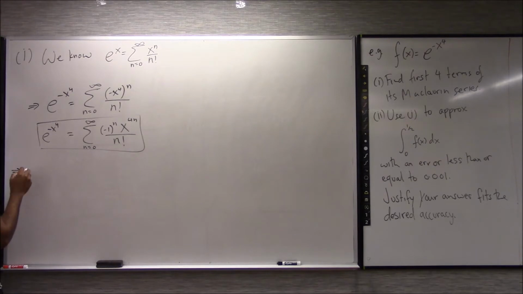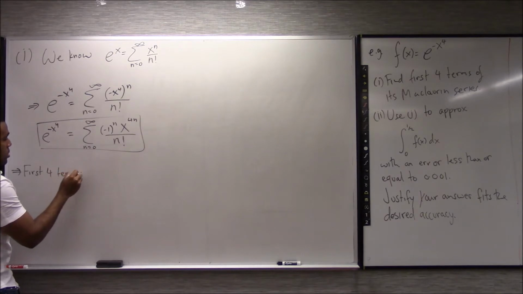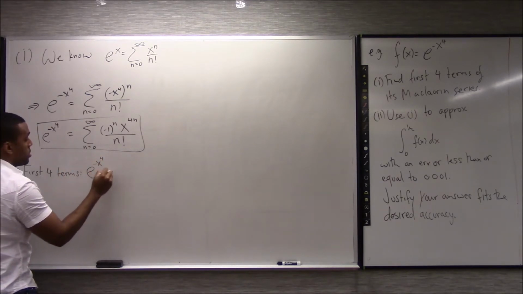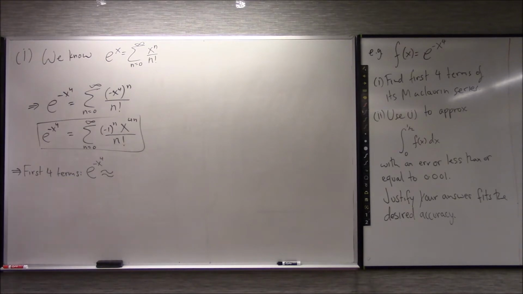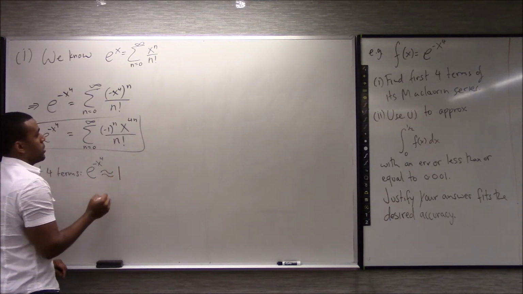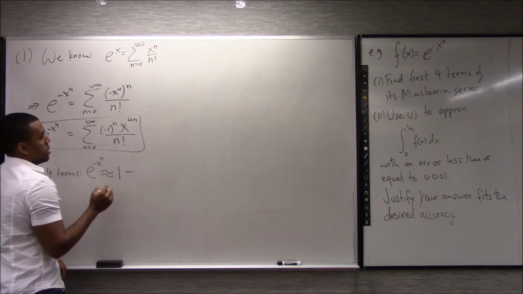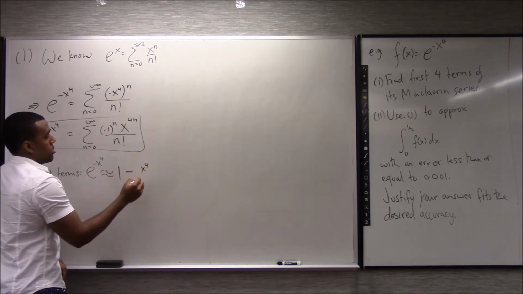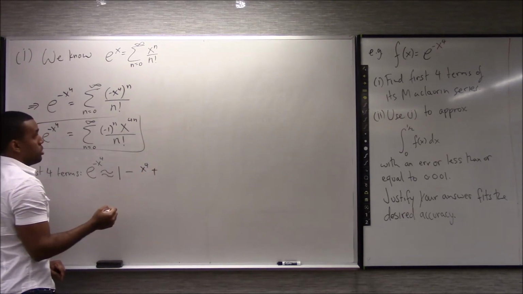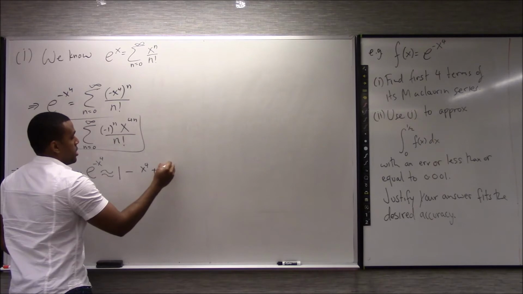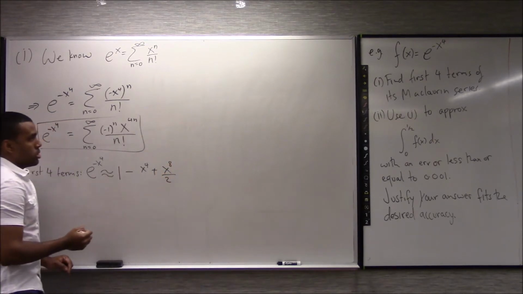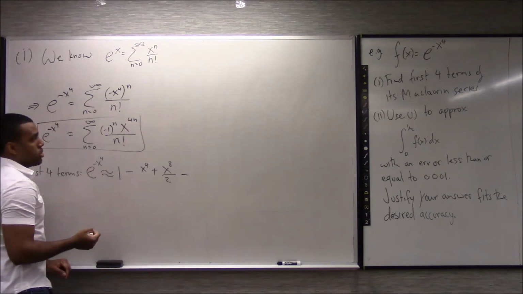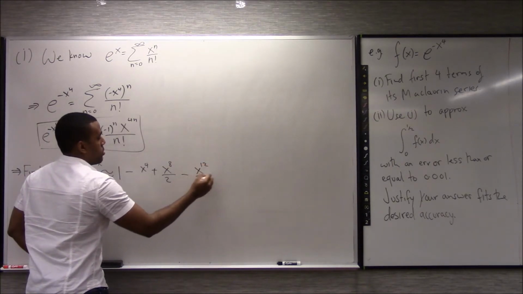This means for the first 4 terms, e to the minus x to the 4th. Yeah, it said the first 4 terms. So I'm literally just going to plug in n equals 0, 1, 2, 3. So if I plug in n equals 0, I get 1, minus plug in n equals 1, I get x to the 4th, plus plug in n equals 2, I get x to the 8th over 2 factorial, which is just 2, minus plug in n equals 3, x to the 12 over 3 factorial.